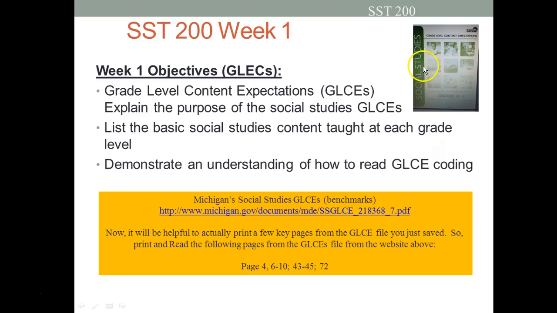Now, I'm not asking you to go to this website that's right here, and sorry about that, go to that website there and download this whole document. This is the K through 8 standards, okay? But you do want to pay close attention to page 4, 6 to 10, 43 to 45, and 72 for this particular area. You'll be going back and forth now. From this point on, you'll be looking at those GLICs.